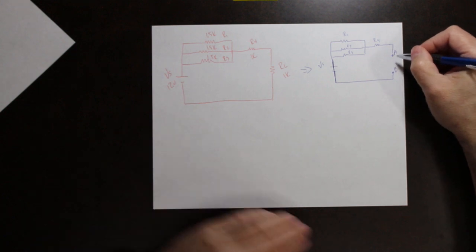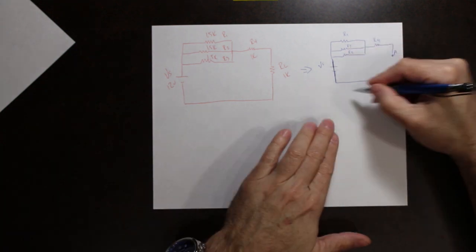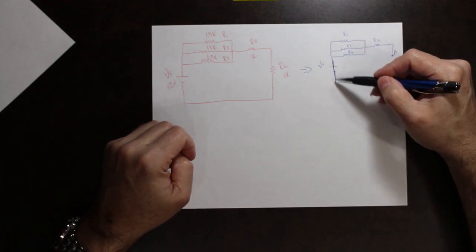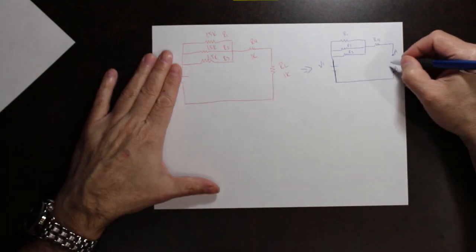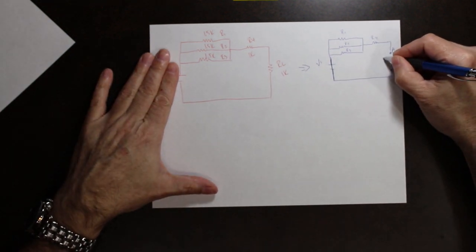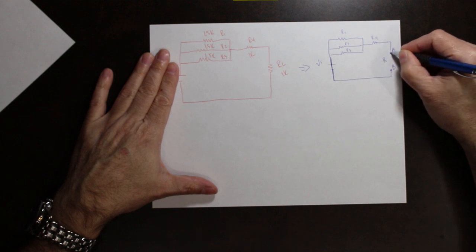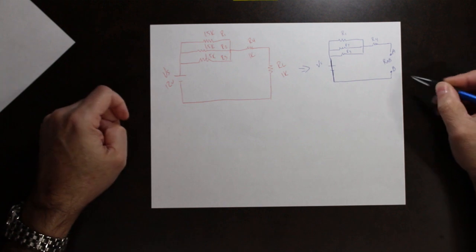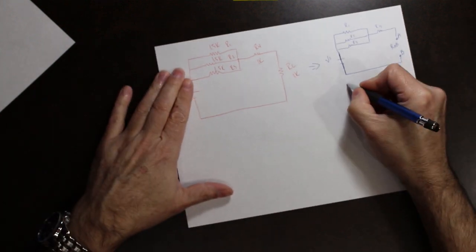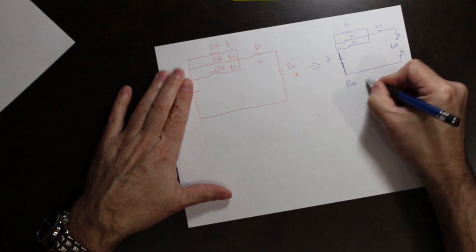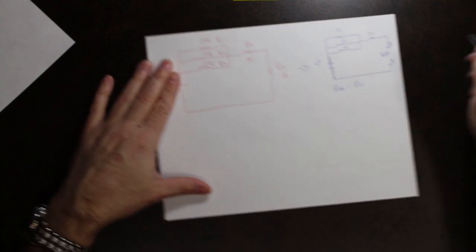So now, if we were to build this circuit with the source shorted out, we just put these 4 resistors in this configuration and put an ohm meter and measure from A to B. So R A to B. If we measured from A to B, that would be R Norton.